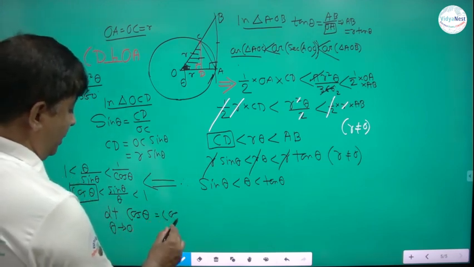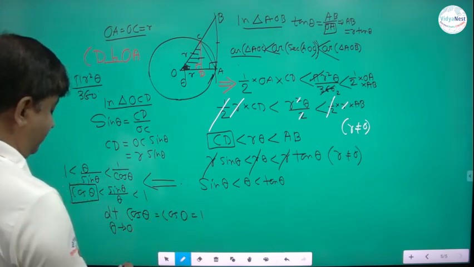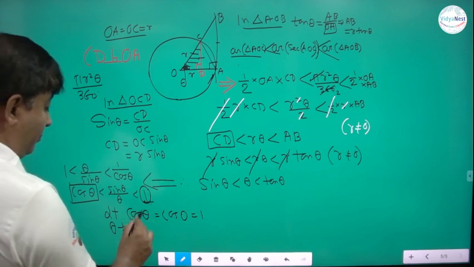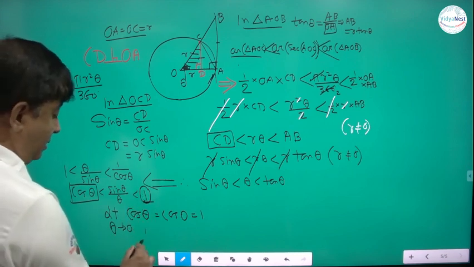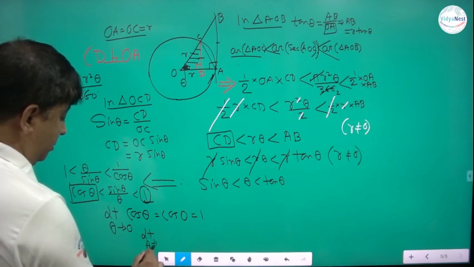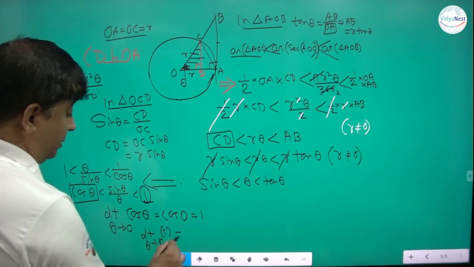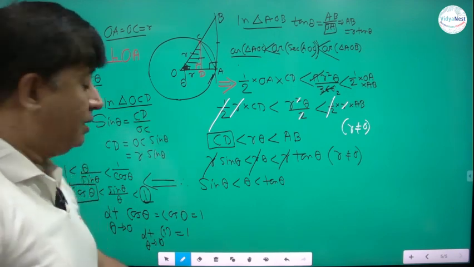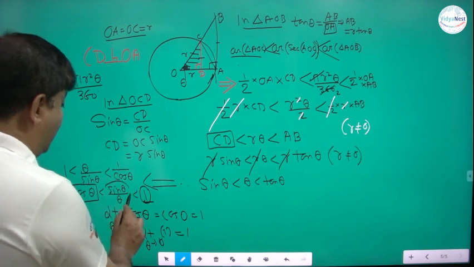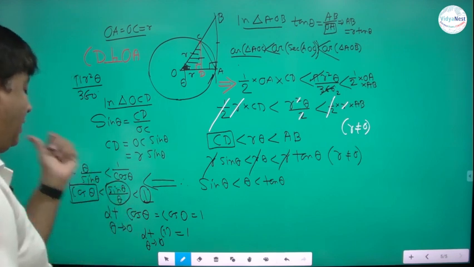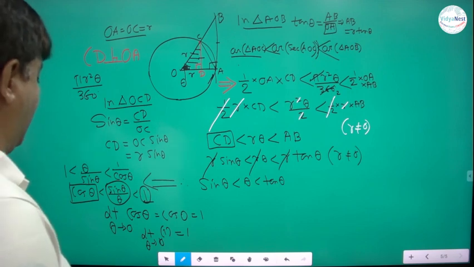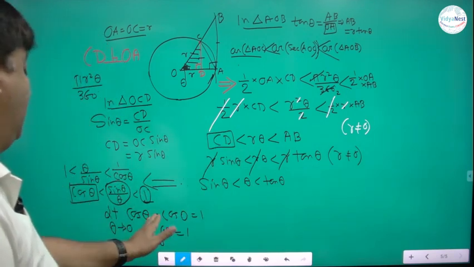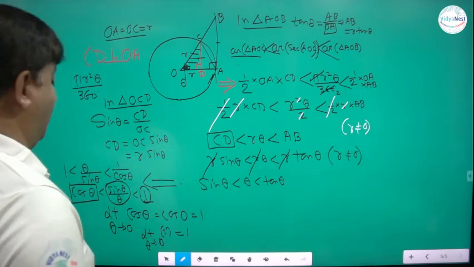Yes, we are getting finite value 1. What is the limiting value of the extreme right when theta tends to 0? That is also 1. So sandwich theorem is knocking at our door, saying what? Therefore, the middle function which is squeezed between these two functions will also have limiting value 1.